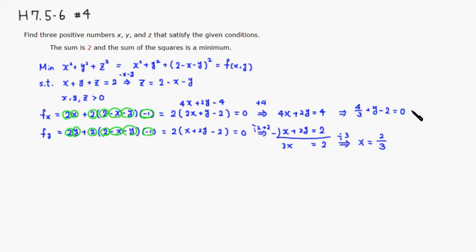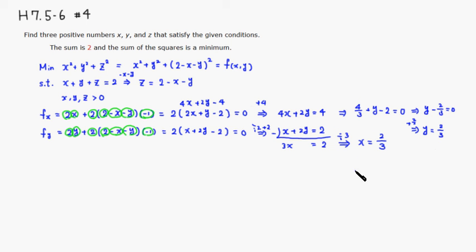Right, so combining these two, negative 2 is negative 6/3. So it's going to be negative 2/3 is equal to 0. Right, which means that by adding 2/3, y is going to be 2/3 as well.